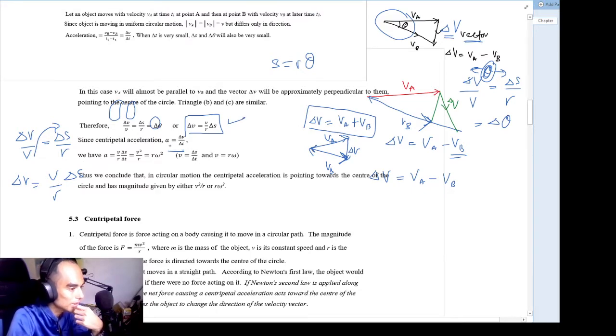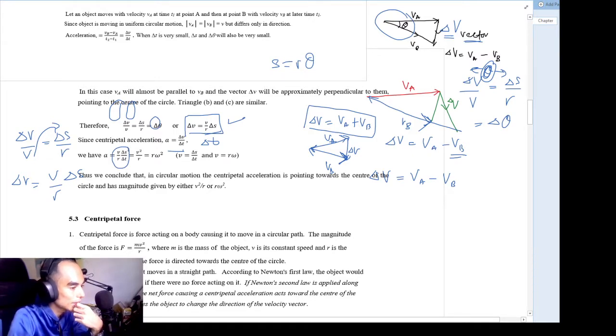Since the centripetal acceleration is A equals change of V over T, we have to divide it by T. Okay, we have change of S over T. Just divide it by T. When you divide it by T, then you have V over R over here.